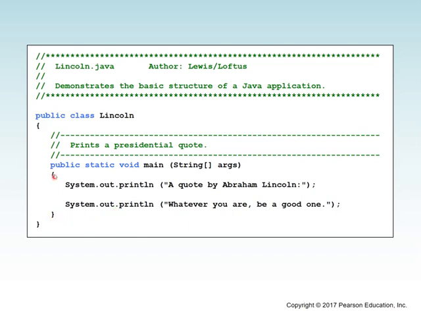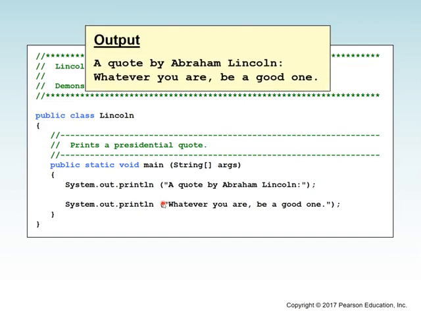Then we match the braces. We match this brace with this brace, and this brace with this brace, and that constitutes our program. So when we compile and run that, we should see some output. And that's the output that we see. A quote by Abraham Lincoln, "Whatever you are, be a good one."